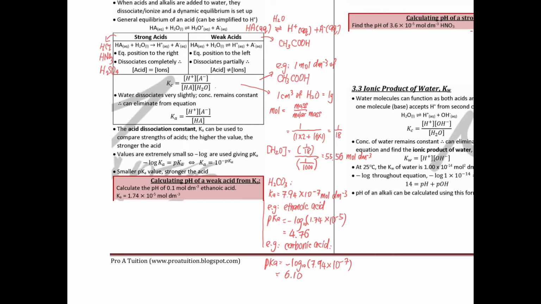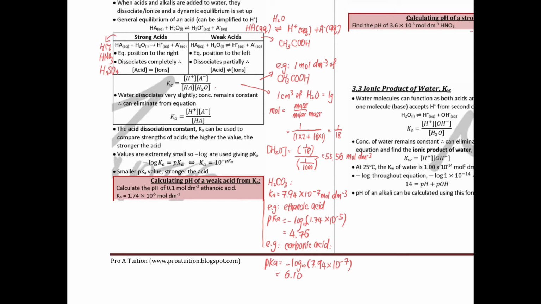Now we have an equation or formula to convert. So if you want to convert Ka to pKa, you negative log the Ka. But if pKa is given and you want to change it to Ka, you have to do 10 to the power of negative pKa.